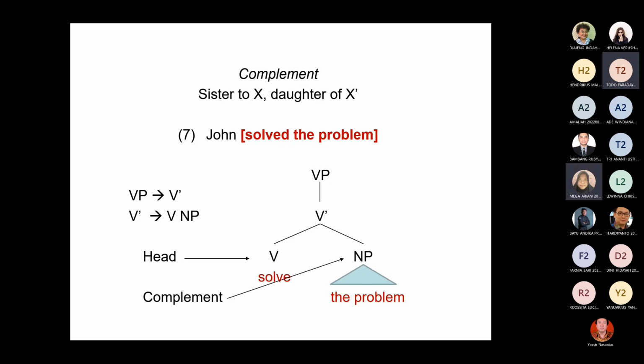Because it is sister of solve and daughter of V bar. Right, because again, it's a sister of V and daughter of V bar. So complement is the sister of whatever head is next to it.